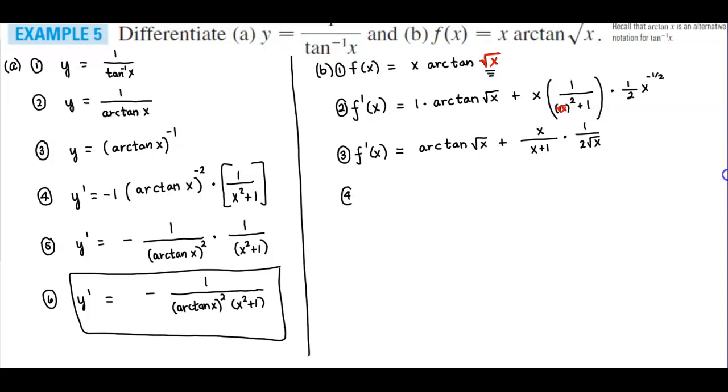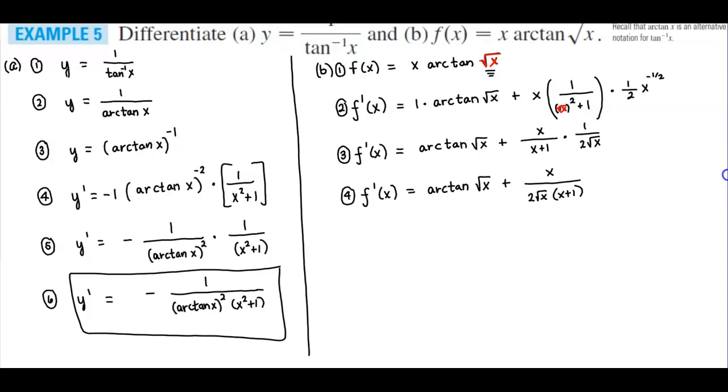So therefore, this becomes f prime of x, which is equal to the arctangent of the square root of x plus x over 2 times the square root of x times x plus 1.